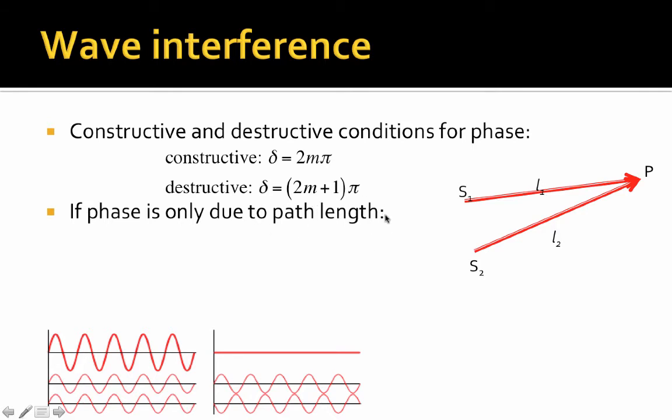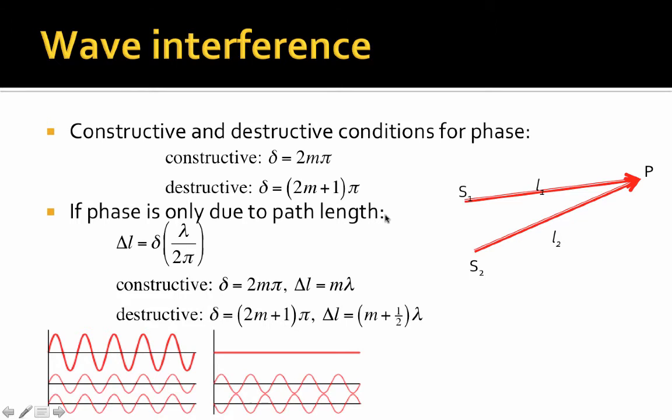If the phase is only due to the path length, then we can look just at the path difference, delta L. So let's say delta L is L2 minus L1. Delta L is equal to the phase difference times lambda over 2 pi. If you check out the units here, notice that lambda is units of length, and delta L should also be units of length.